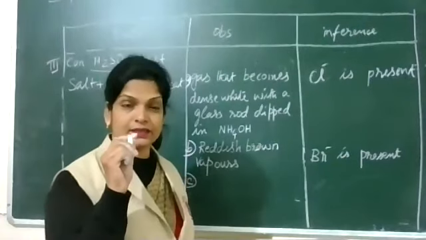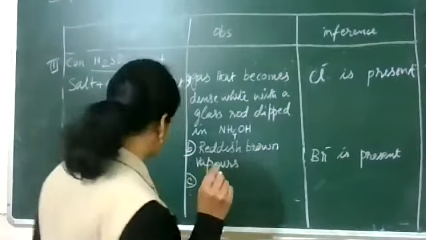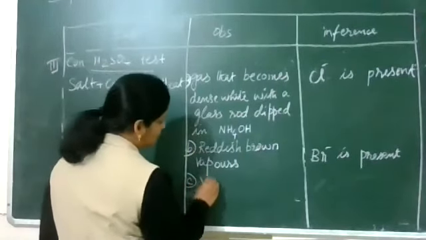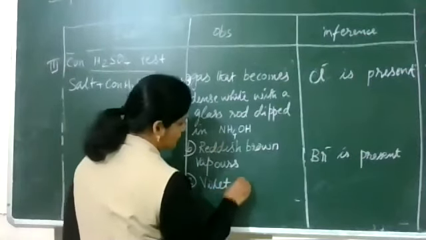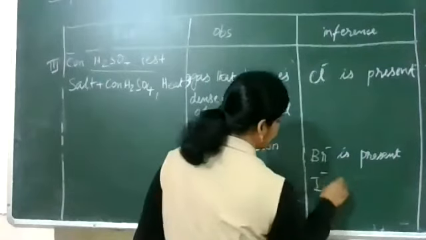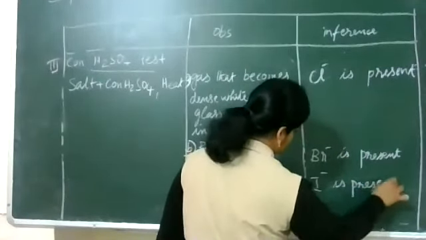Bottle number 4, acetic acid. Next, violet vapors. This I minus is this.